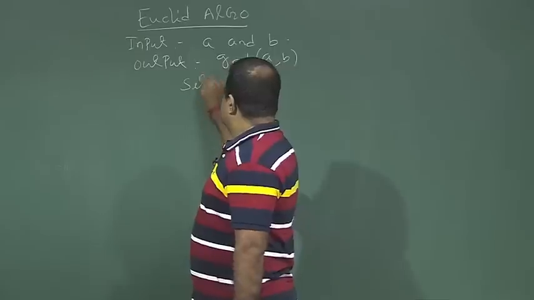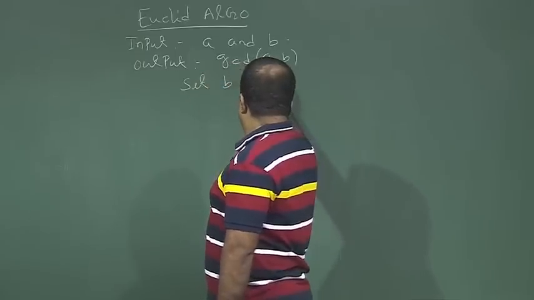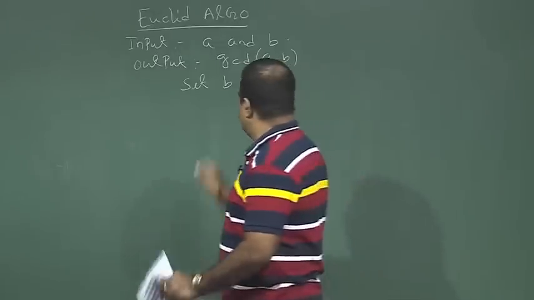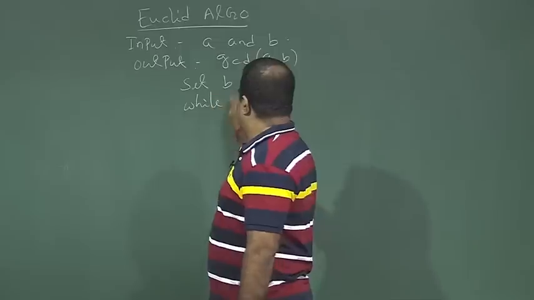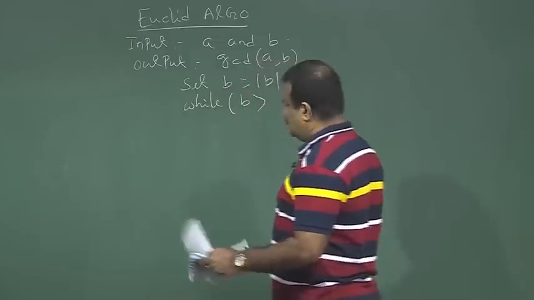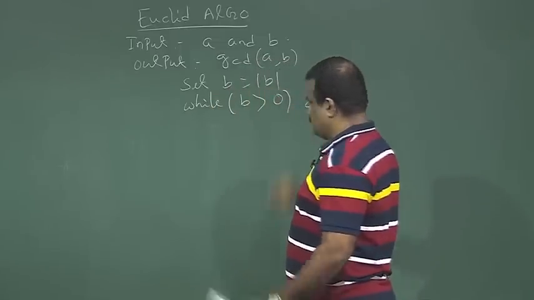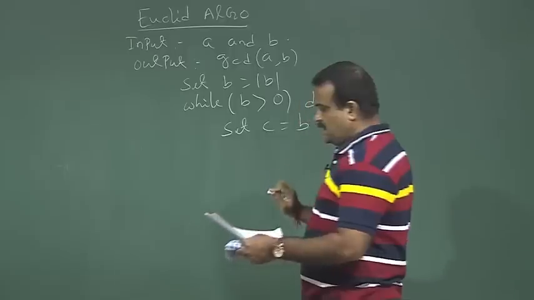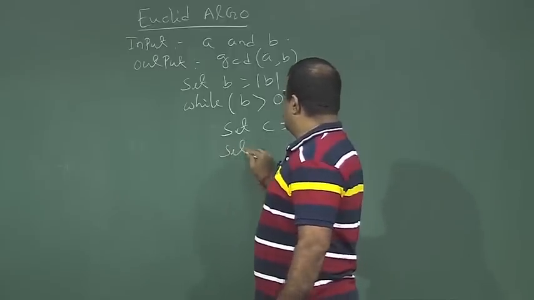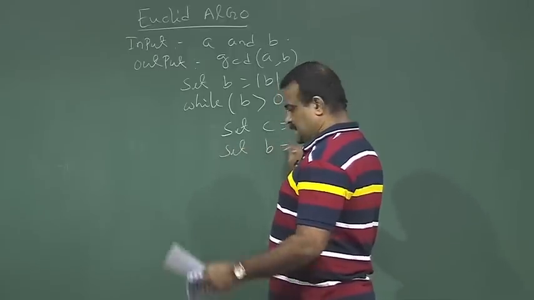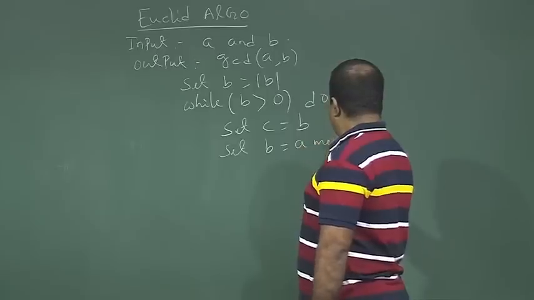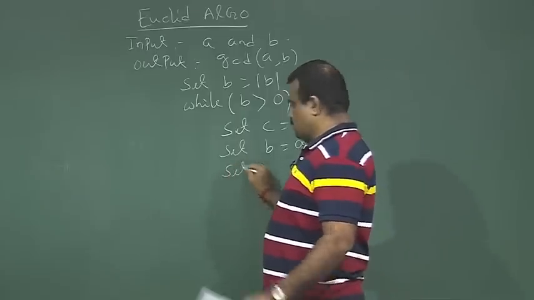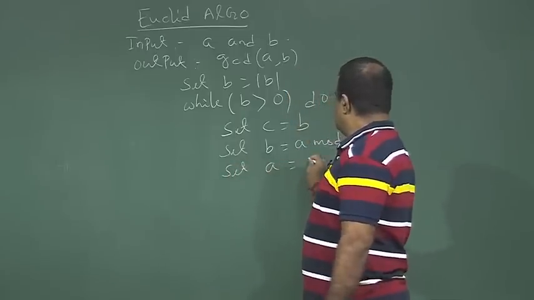So, this is the input and output, and what is the code? We take b to be positive. So, if b is negative, we set it to be positive. Then, while b is greater than 0, we keep on doing this: set c equal to b, and we set b equal to a mod b, and we set a equal to c.